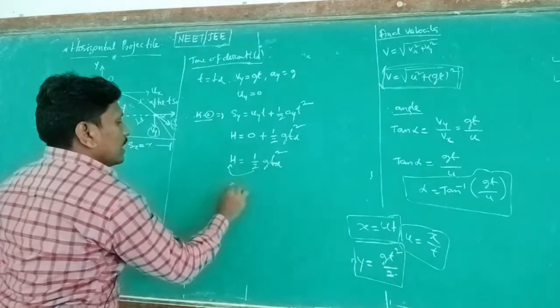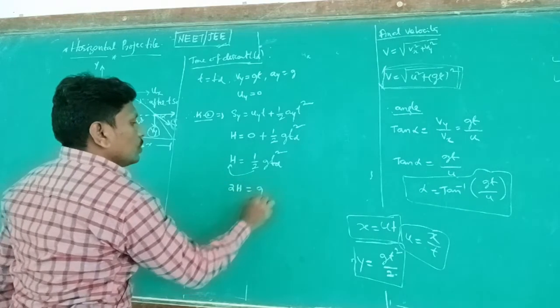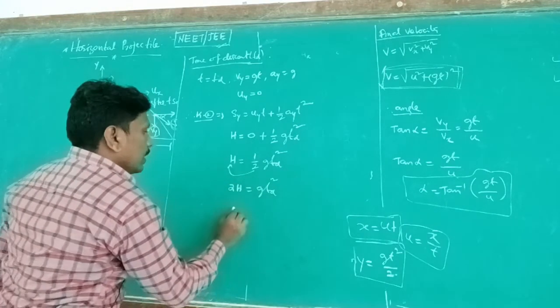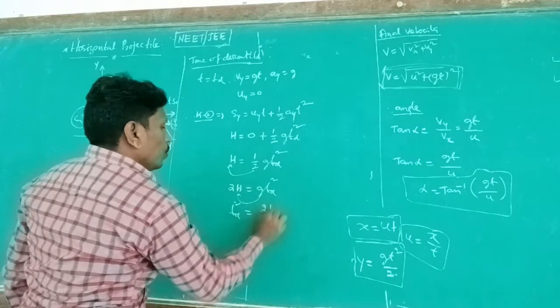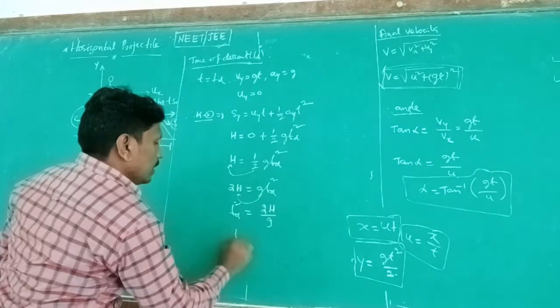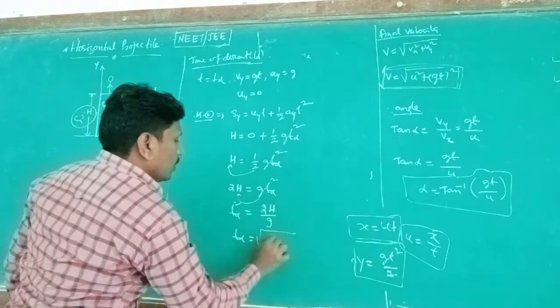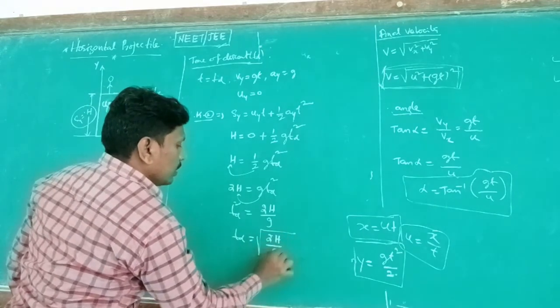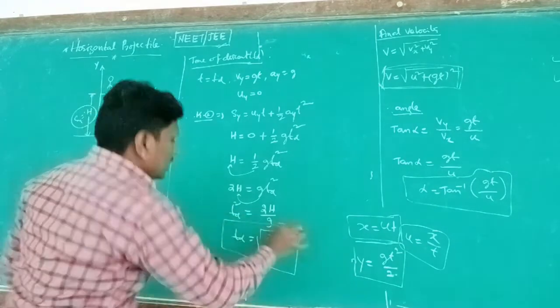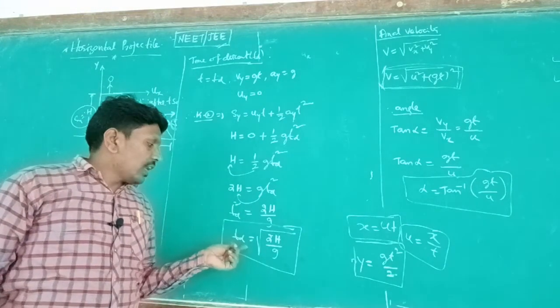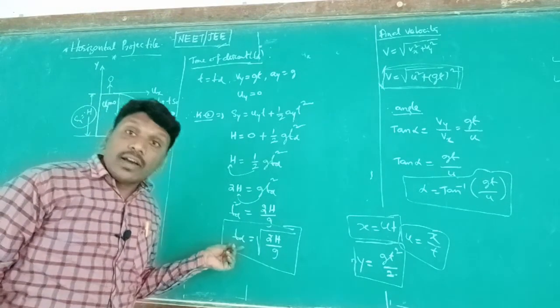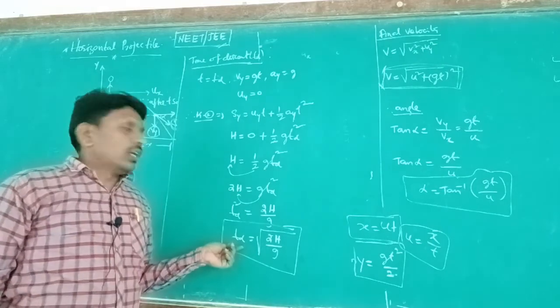Then 2h is equal to g into td square, so td square is equal to 2h by g. Then td is equal to square root of 2h by g. This is the time of descent formula for the horizontal projectile.